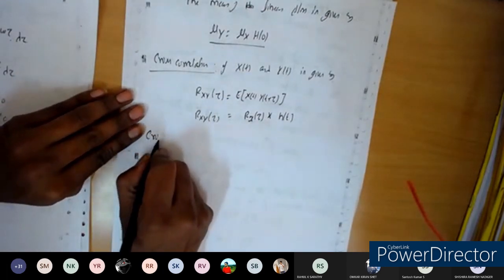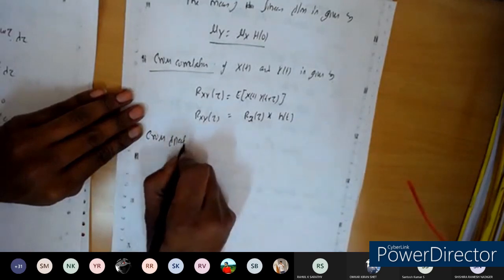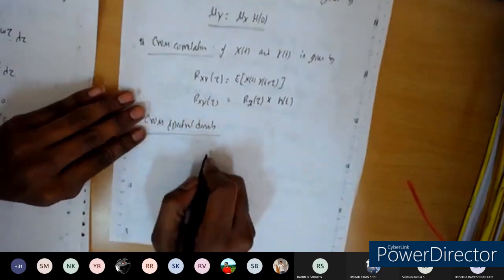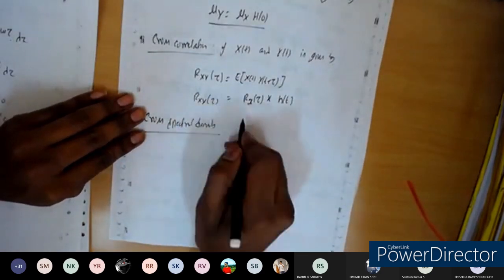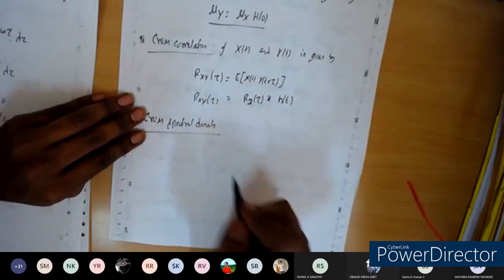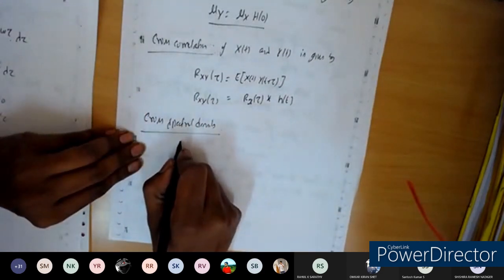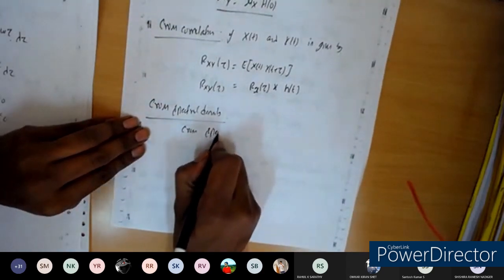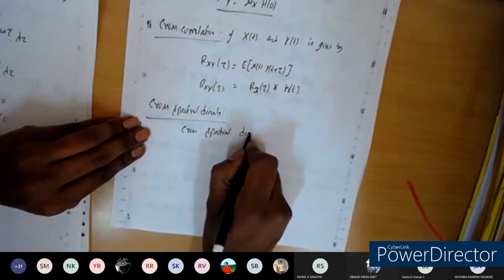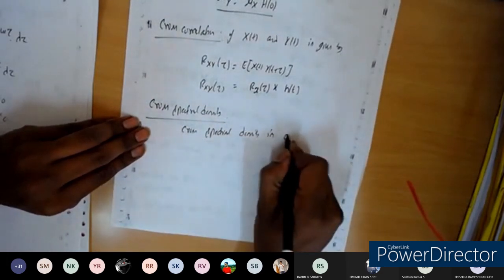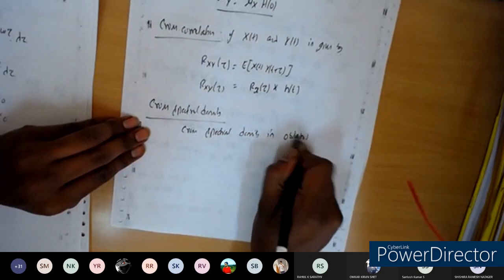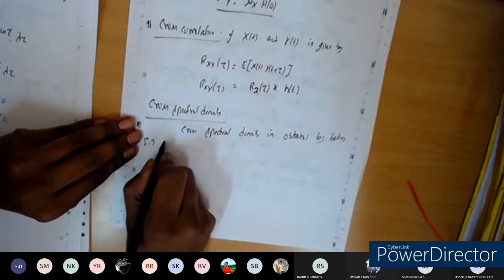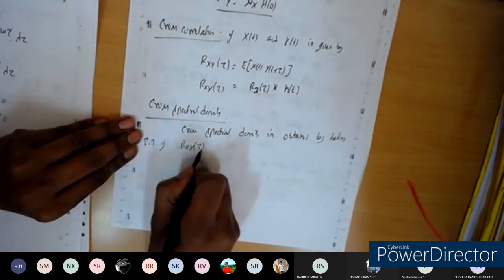So the cross spectral density is obtained by taking the Fourier transform of rxy of tau.